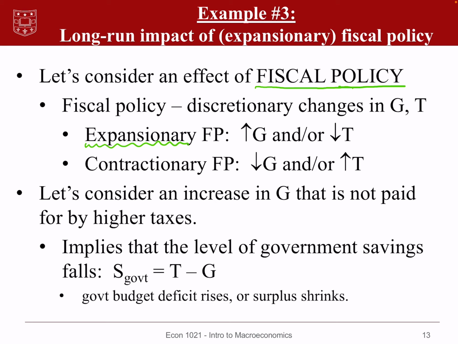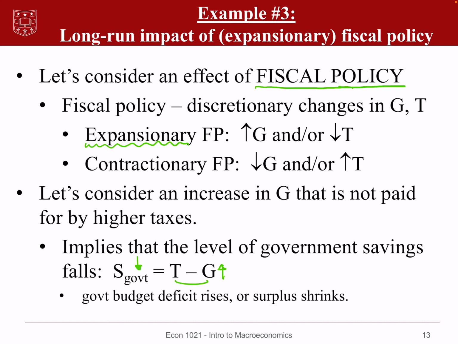So what I want to consider is an increase in government expenditures, something that we would label as expansionary fiscal policy that induces an opening of the budget deficit. So we're not balancing that by higher taxes. Therefore, the level of government savings is going to fall. Taxes aren't changing by assumption here, and government expenditures are getting bigger, so this whole thing is going to go down.